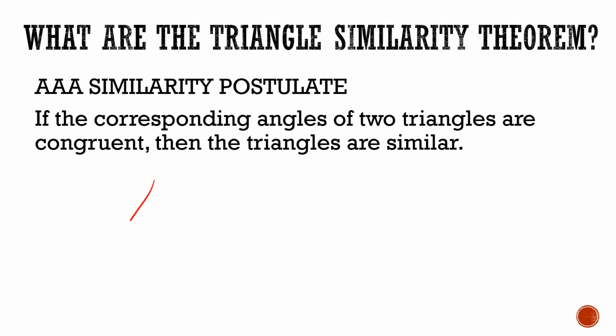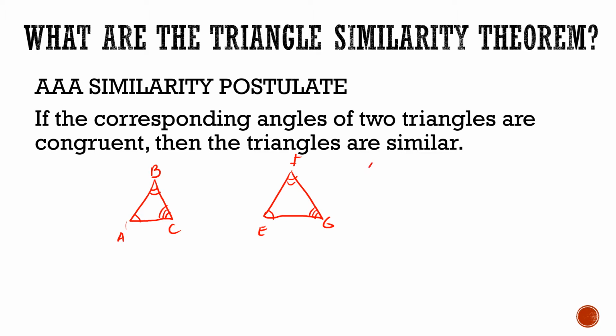For example, we have triangle ABC and triangle EFG. Angle A corresponds to angle E, angle B corresponds to angle F, angle C corresponds to angle G, and let's assume that the corresponding angles are equal.